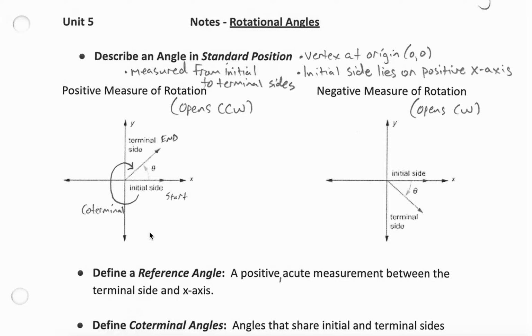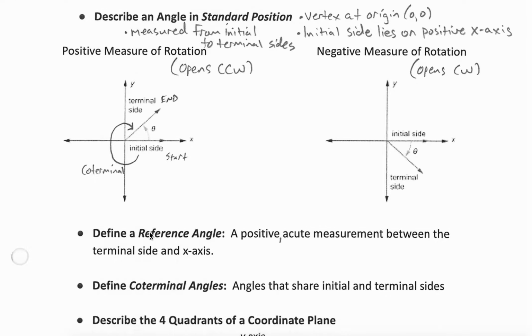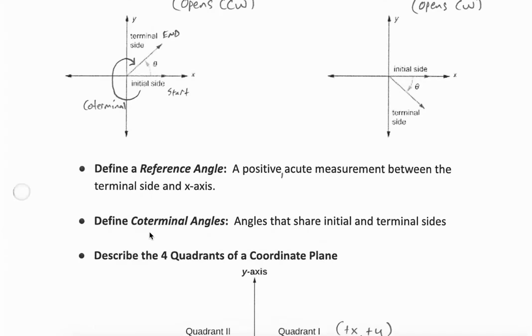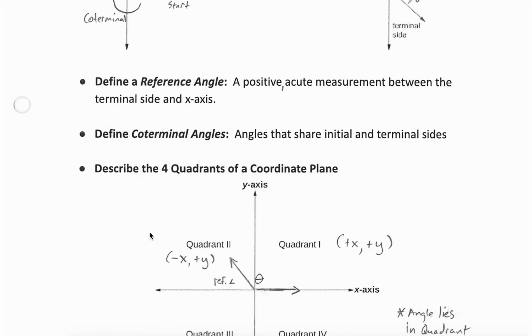A reference angle is another special part of our angles on the coordinate plane. I'm going to draw an example down here. Let's say that we start with our angle in standard position on the positive side of the x-axis. It opens up counterclockwise, so positive angle measure.